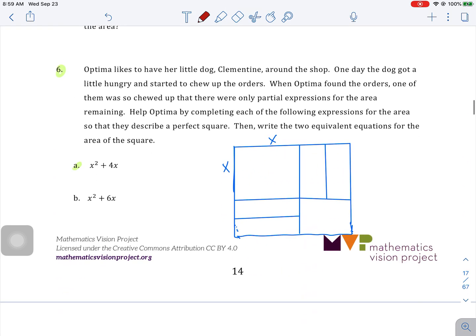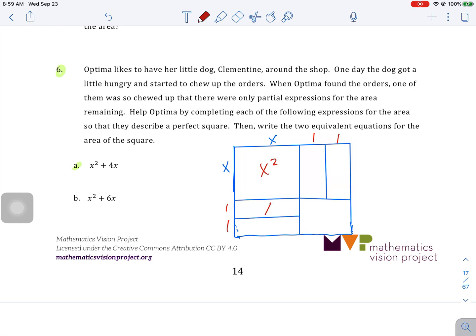One of the other problems is where they can't read the third term here, like x squared plus 4x, and you're trying to use a diagram or model to figure out what that term is so that you're sure it's a perfect square. So in other words, the base and the height should be the same. Well, here's what we have so far.